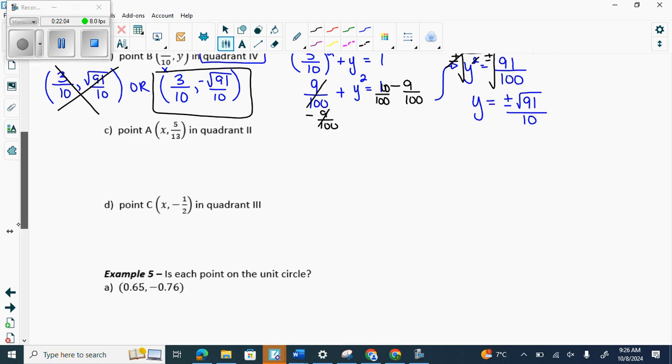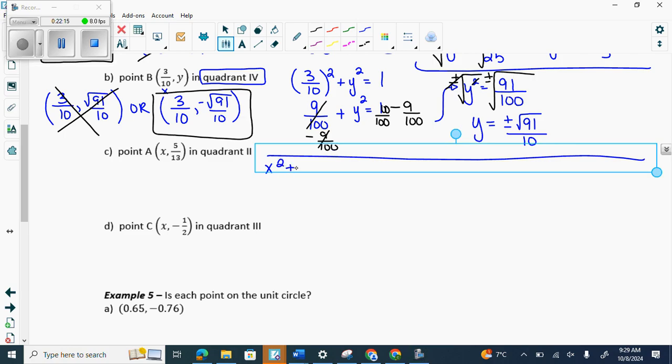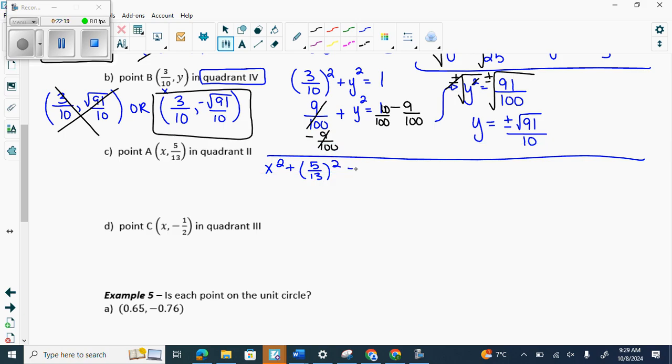You try C, D. This one we would have x squared plus (5/13) squared equals 1. x squared plus 25/169 equals 1. 169/169 minus 25/169. x squared equals 144/169.